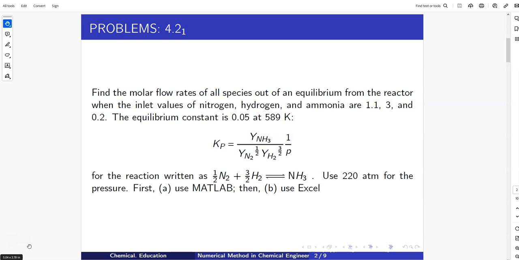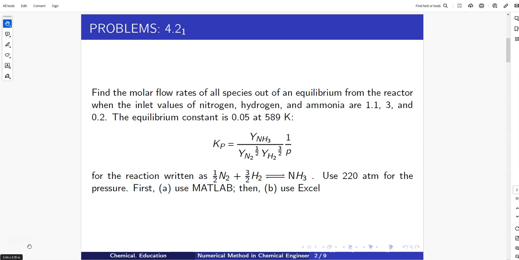Now the problem is here. It is saying: find the molar flow rates of all species out of an equilibrium reactor when the inlet values of nitrogen, hydrogen and ammonia are 1.1, 3 and 0.2. The equilibrium constant is given, that is 0.05 at 589 Kelvin, and the Kp expression is given.